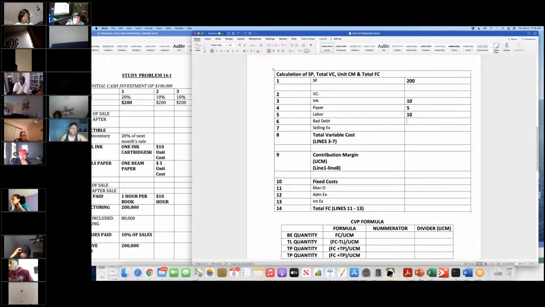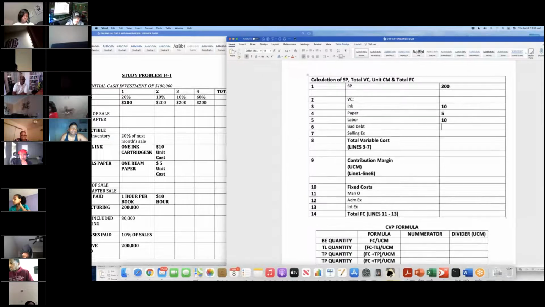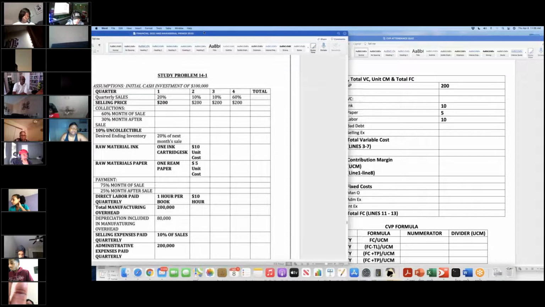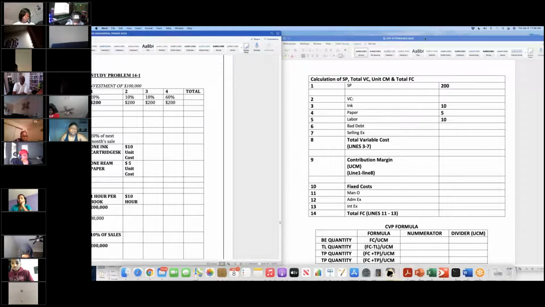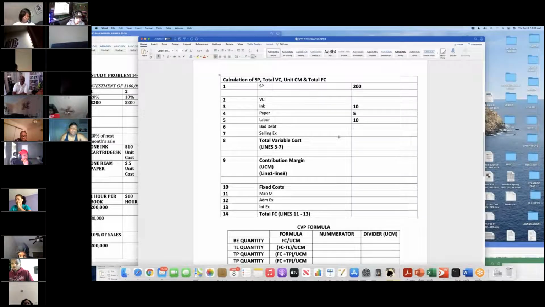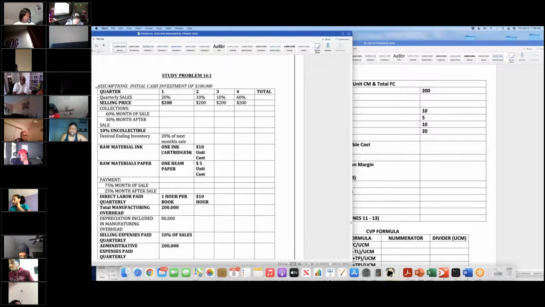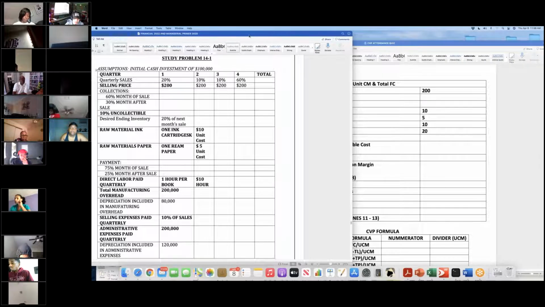Bad debt? Do we see 10% is 20 uncollected. That's 20. Selling expense? Also 20, with 10% of sale. 20.